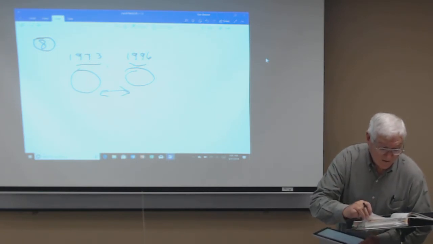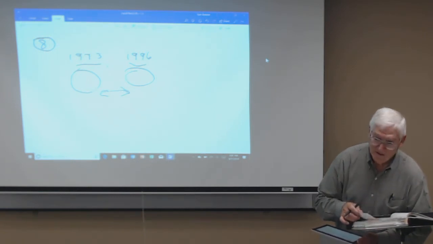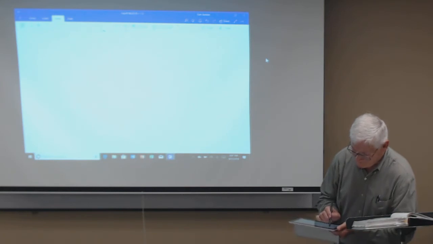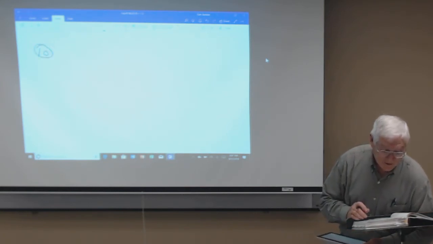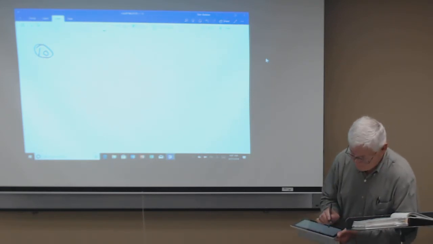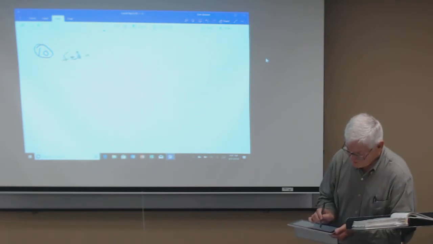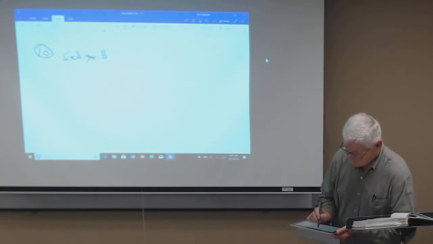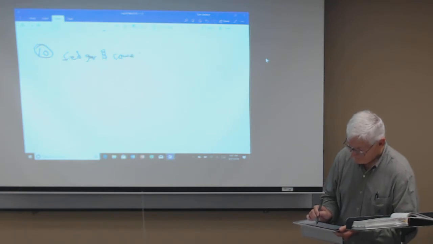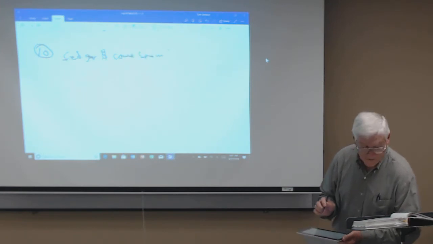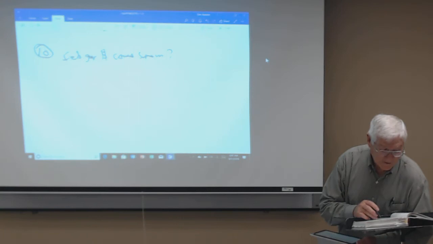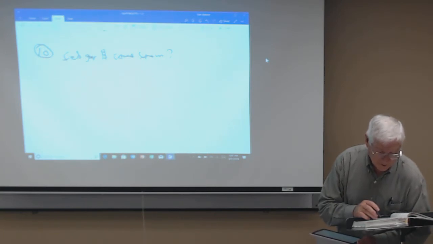What about E? Skip it. Okay, number 10. Look at the circle graph where the federal government dollars come from. 10A: from what source does the federal government get the most money?